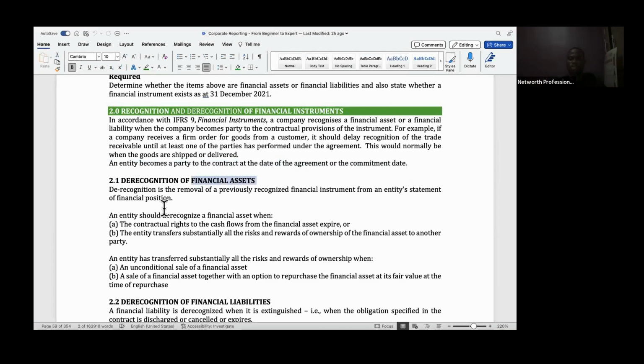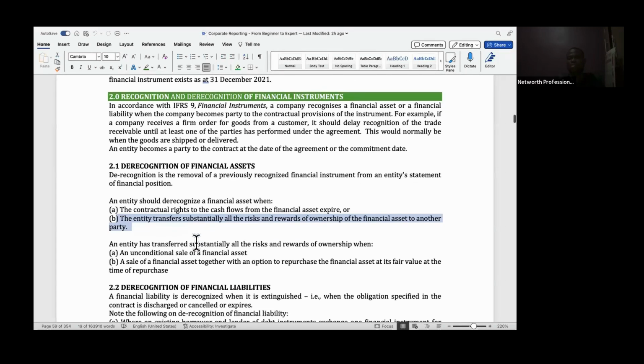We said you can derecognize the financial asset when the contractual right to the cash flow from the financial asset has expired, or when the entity has transferred substantial risk and reward of ownership of the financial asset to another party. When we say transfer of substantial risk and reward, I told you last week that this means there is an unconditional sale of the financial asset. That is when you have transferred the risk and reward attributable to ownership, meaning you have sold.